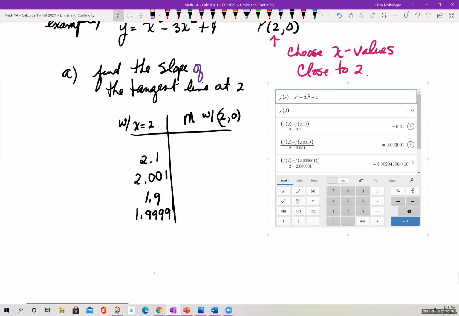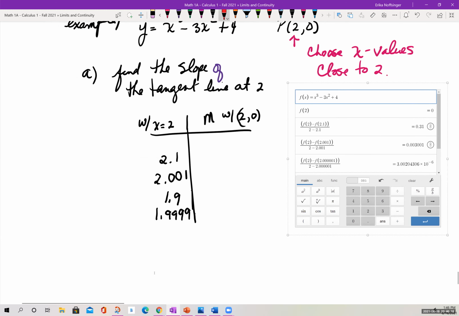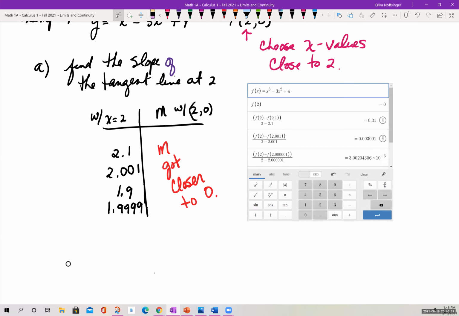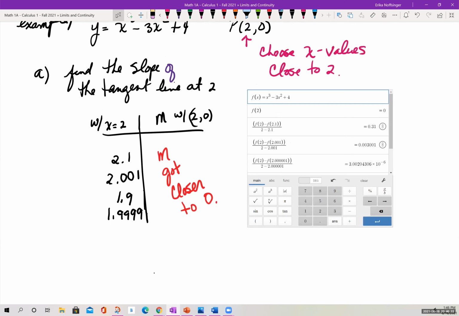So we saw that the slope tends to 0. Okay, so find the equation of the tangent line.